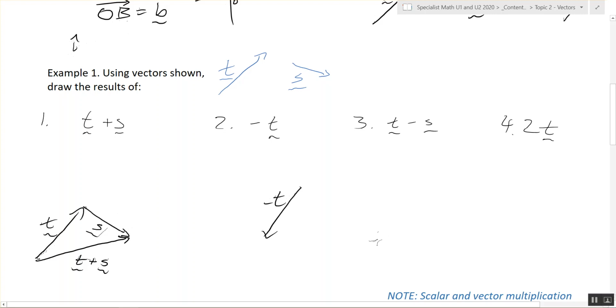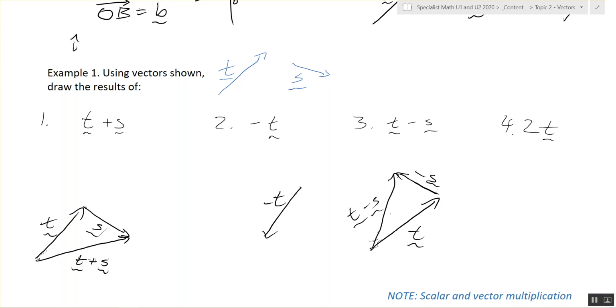So we got T, but then S is going that way. So negative S. So the resultant, we end up at that point. So T minus S. So that's the resultant vector, T minus S.